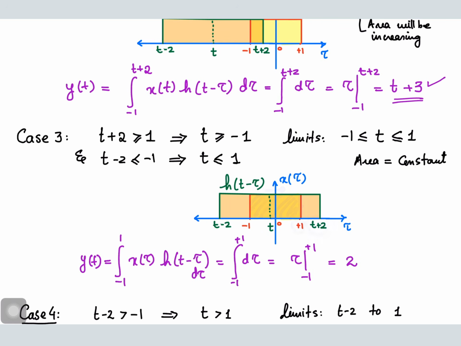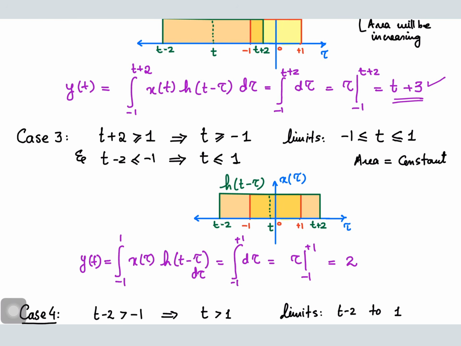So the limits can be worked out now. When t plus 2 is greater than 1, it means t is greater than -1. When t is greater than -1, the constant area overlap will be there, and it will be there till t minus 2 is less than -1, right? So that gives us that t is less than 1.